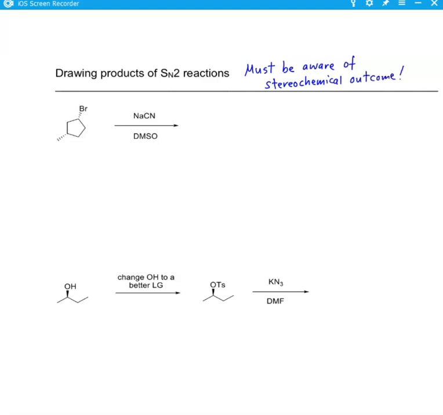So we're going to look at a couple of reactions, and we're going to use this not only as a way to learn some things about drawing these products, but also as a way to get into the routine of how we would assess each of the components of the reaction mixture. So let's start by looking at our substrate. The question we would ask is, what kind of substrate do we have?